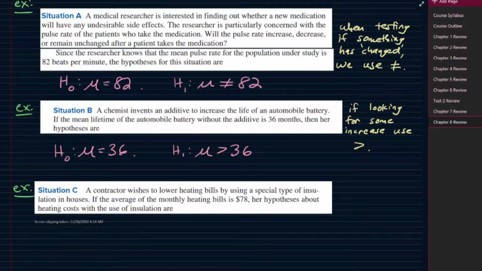And she wants to lower that by adding some sort of insulation. And so she's going to be testing if the average is actually lower than $78.